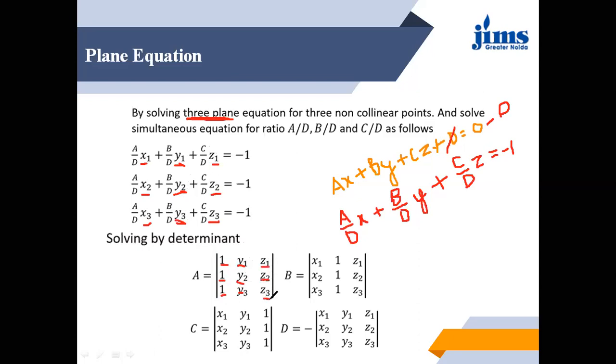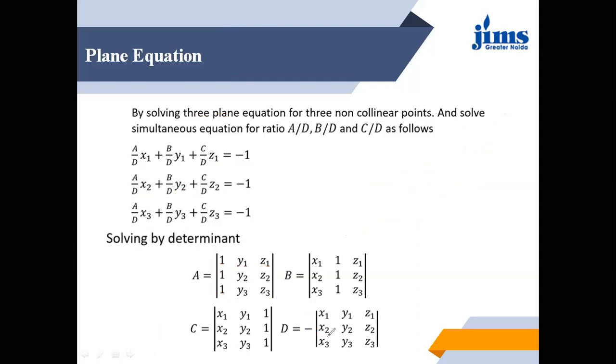But keep in mind that when I am calculating the value of d, there is a minus before this determinant, because the value of d is in the minus. So this is the reason that the value of d is represented by minus times the determinant for d.